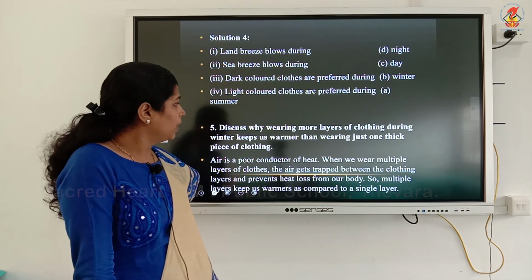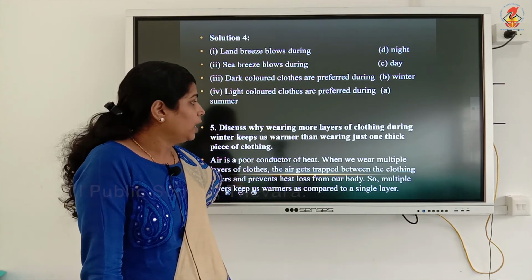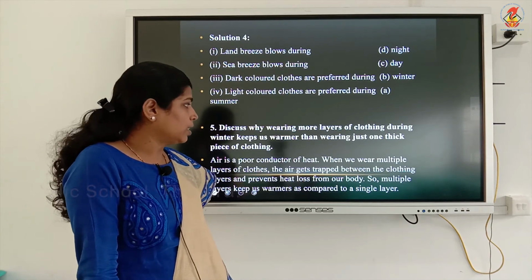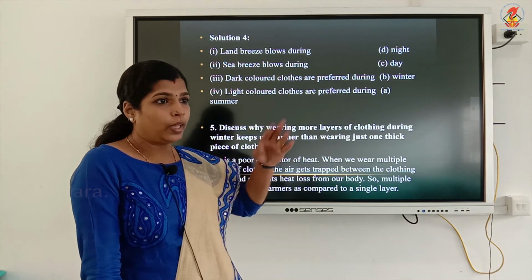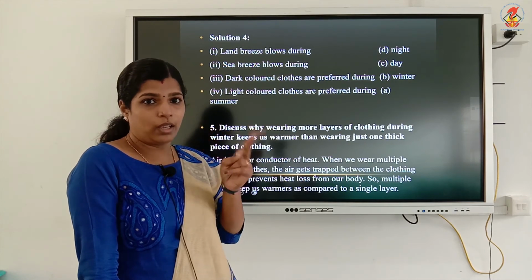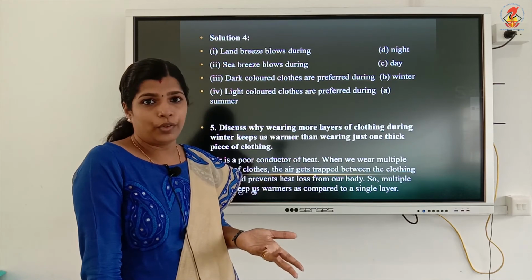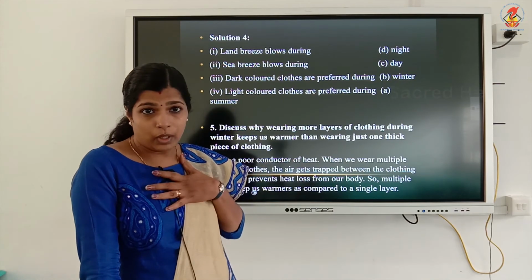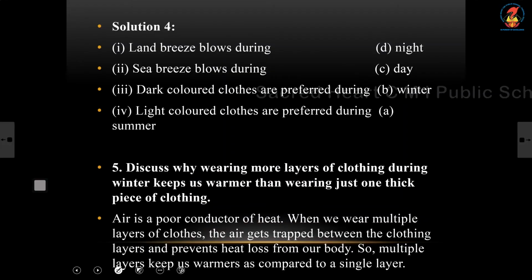So, when we wear multiple layers of clothes, the air will be trapped in between the clothing layers and prevent the loss of heat from our body. Air is a bad conductor of heat, so it will not allow the heat from our body to escape out. So, multiple layers will keep us warmer than a single layer.